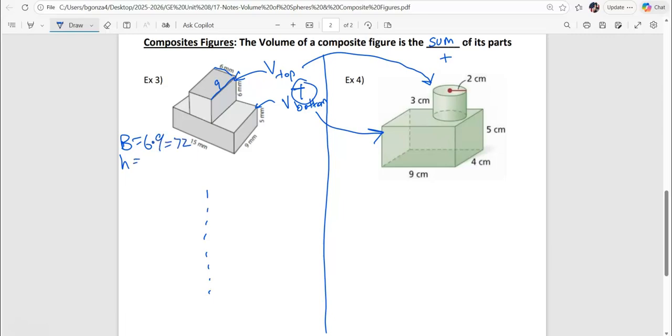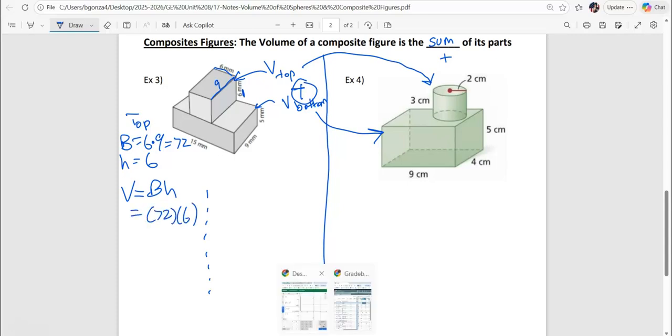What's the height of the top? It's on your page. 6. Now, volume for the top, base times height, 72 times 6. What is 72 times 6? 432.